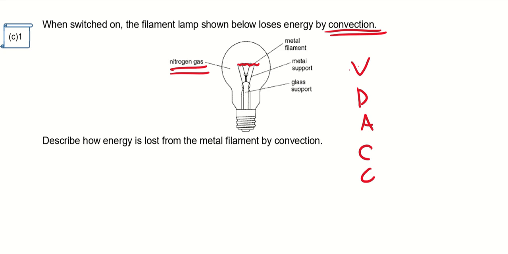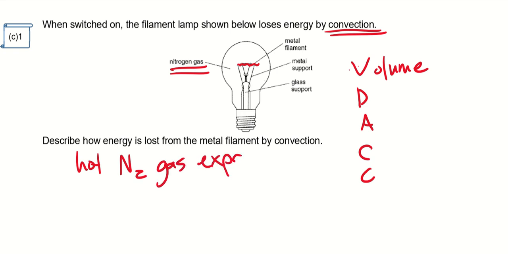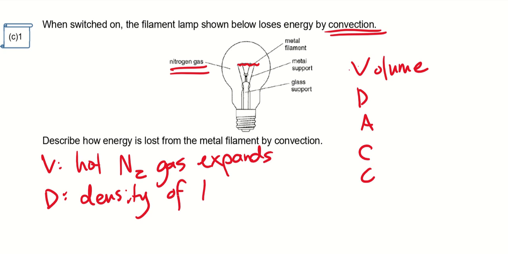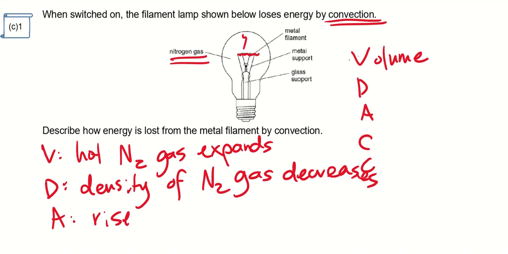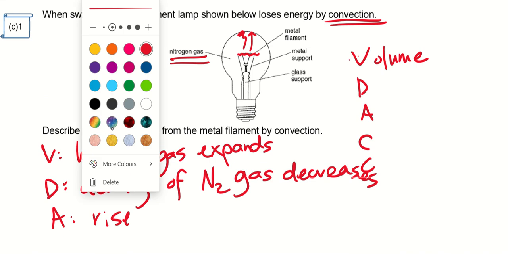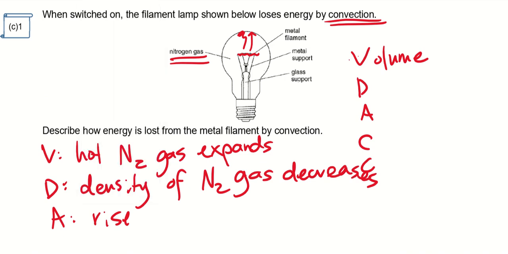VDACC. So the V is for volume. The hot nitrogen gas expands. So this is V. Then the density of the nitrogen gas decreases, because density equals mass over volume, so the action is to rise. So the hot nitrogen gas will rise up, then the cooler nitrogen gas, that is away from the hot metal filament, will sink.